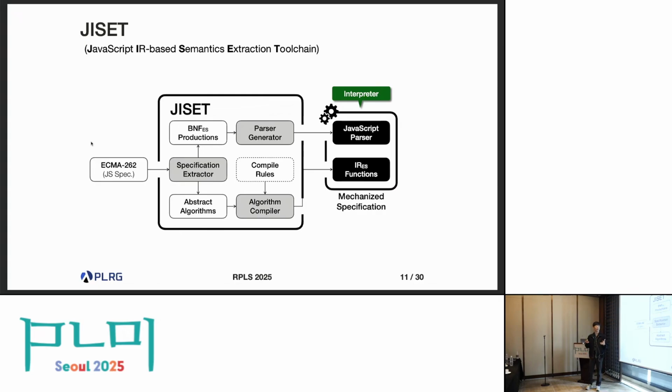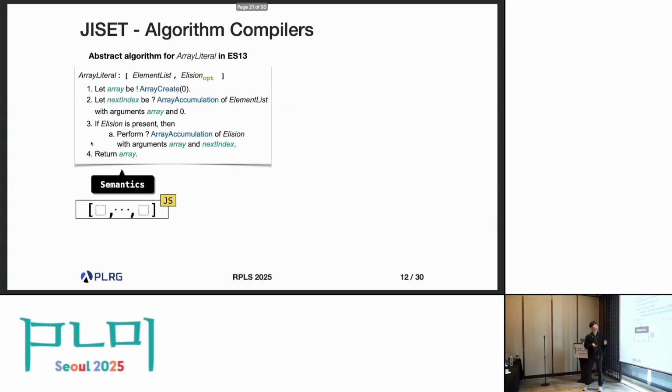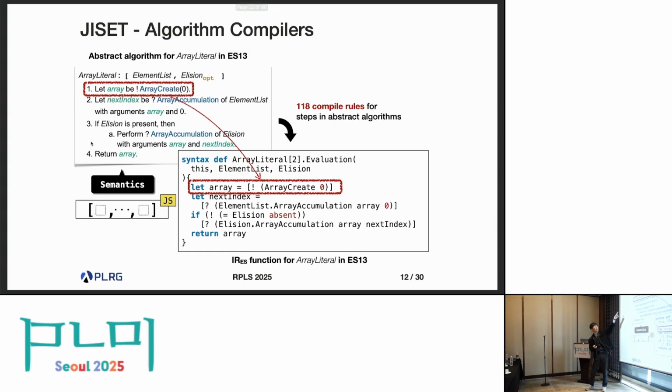If we have a meta language interpreter, then we can execute any JavaScript program. The core part is this one, and to support the compilation, we manually defined more than 100 compilers. For example, we can compile this single step into a meta language instruction like this using specific compilers.